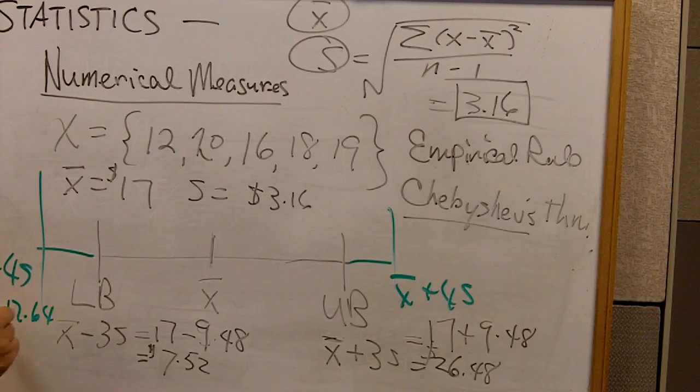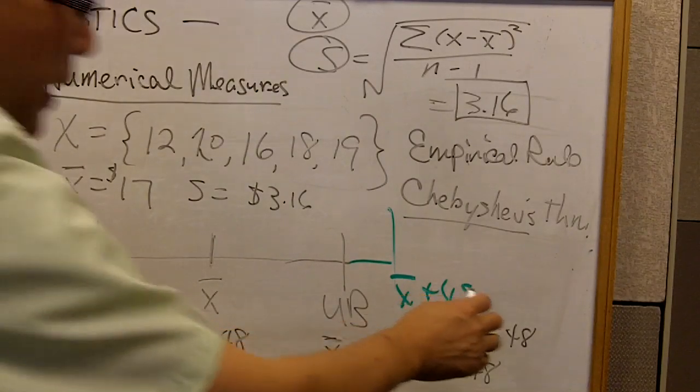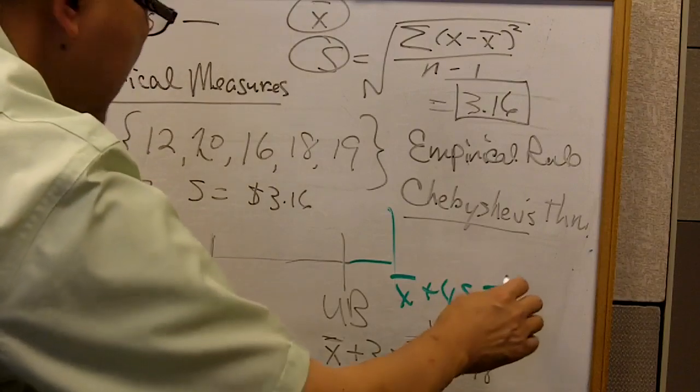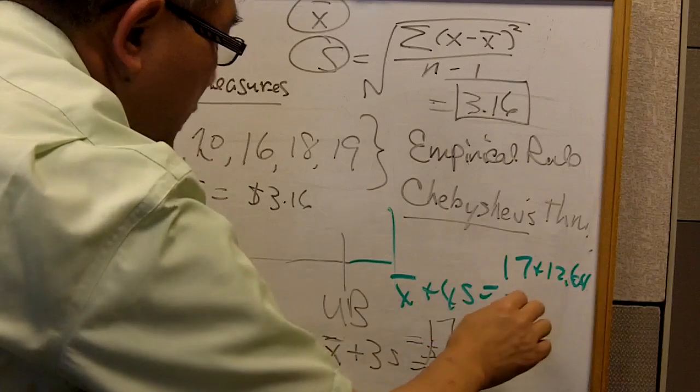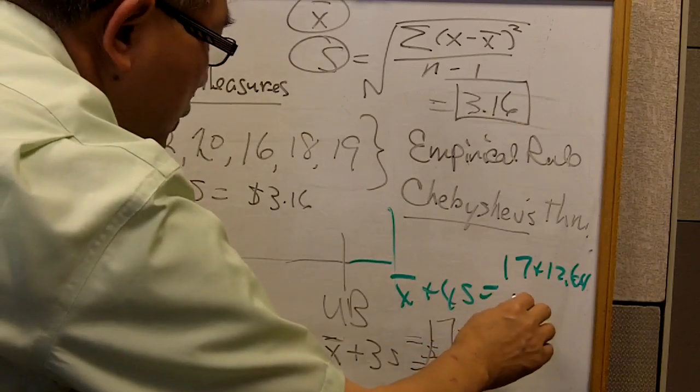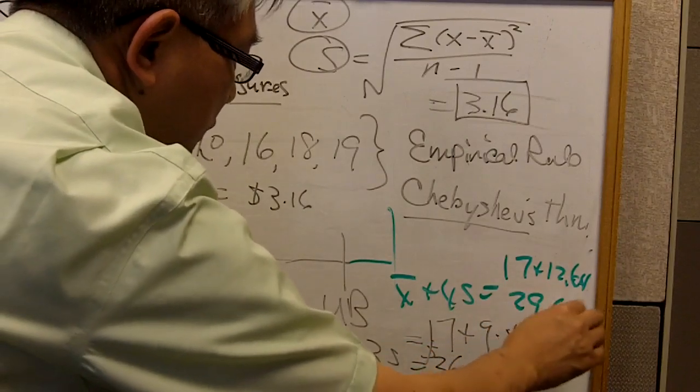So 17 minus 12.64 is $4.36, and the upper bound likewise is going to be 17 plus 12.64. That would be equal to 29.64.